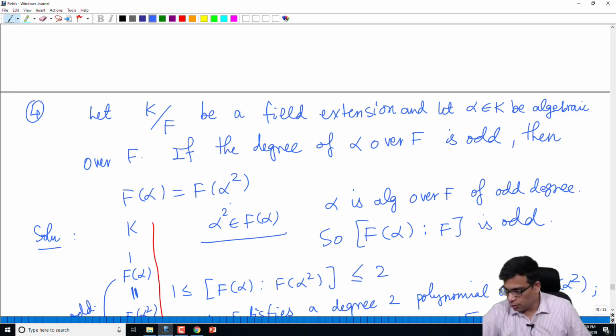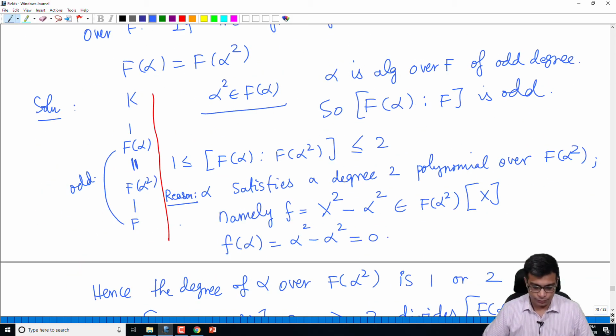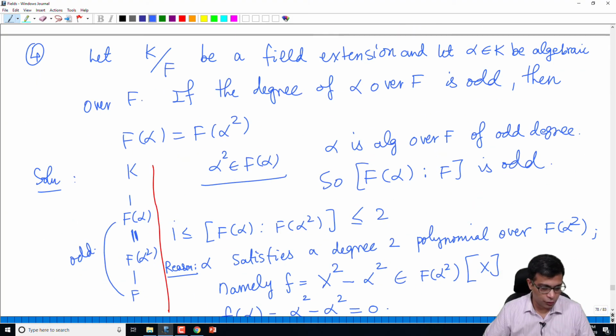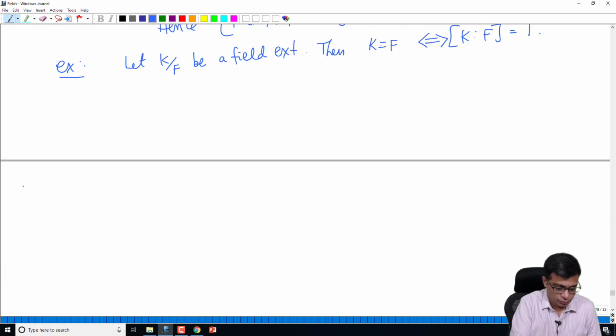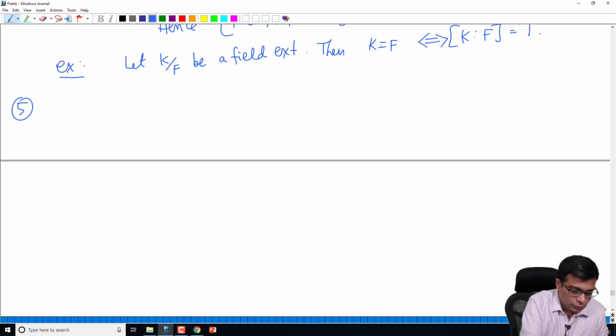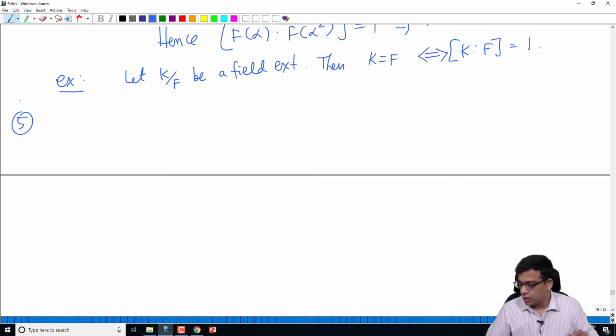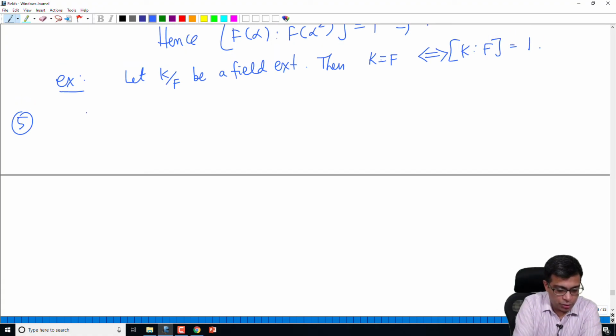Okay. So now let's continue with some more problems. So this is the 4th problem. So let's do the 5th problem. What I want to do now is let us take 3 fields. Let's say K containing L containing F are field extensions.